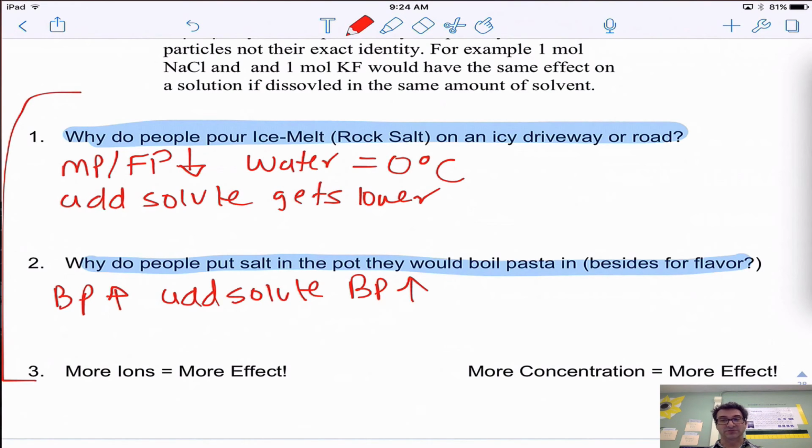Now, realistically speaking, you would have to add a tremendous amount of salt to get boiling pasta water to boil at a higher temperature. That isn't really why people do it. They do it for flavor. We can talk about it theoretically, but you'd have to add so much salt that it would not be very tasty.